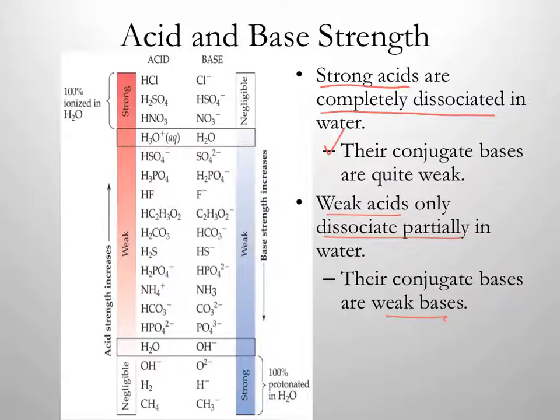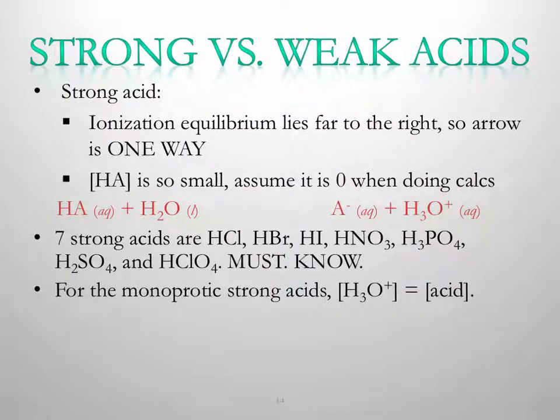So this chart just shows you some strong acids, and you actually have to memorize a list of these. Here we are. So strong versus weak acid. So a strong acid, the ionization lies far to the right. So that means that it's heavily product favored. And for strong acids, they dissociate so much that we don't even put them into an equilibrium.